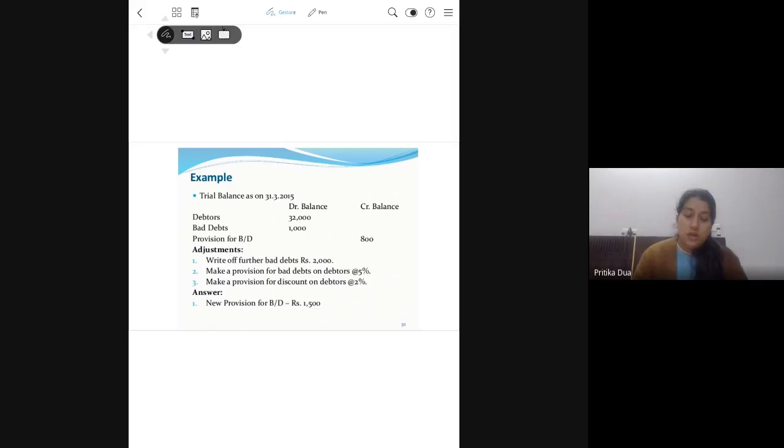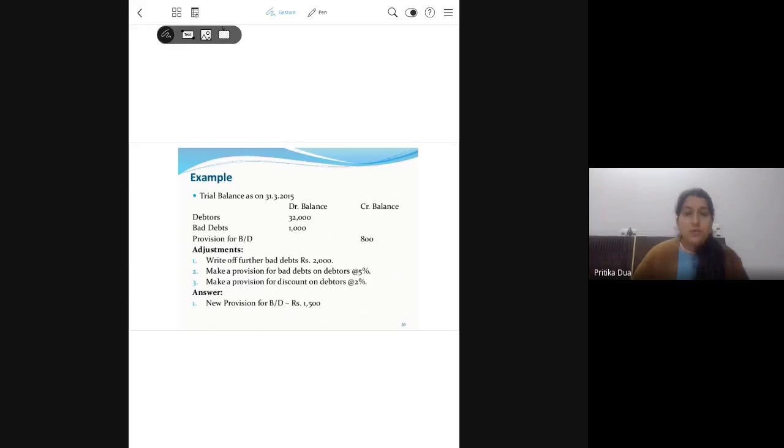In the trial balance you are given debtors as 32,000, bad debts 1,000 and existing provision for bad debts as 800. उसके बाद आपको 3 टाइप्स ऑफ एडजस्टमेंट्स दी हुई हैं, फर्दर बैड डेट्स, प्रोविजन फॉर बैड डेट्स एंड डिस्काउंट ऑन डेटर्स. तो आप किस ऑर्डर में ये एडजस्टमेंट्स पिक करोगे, that is already very clear here because they are already given to you in a proper sequence.